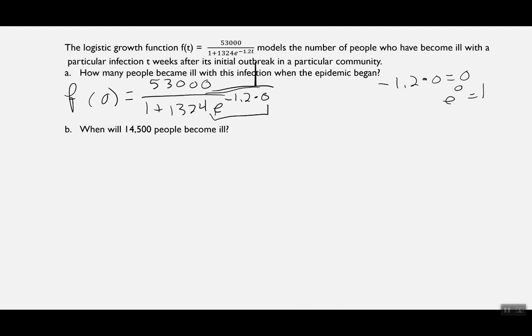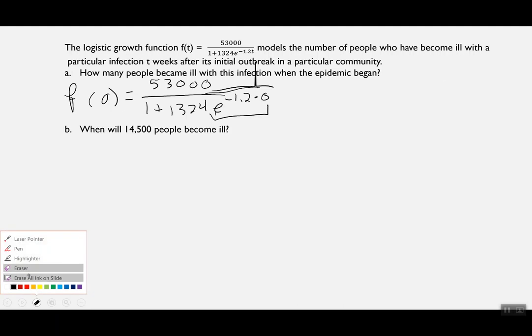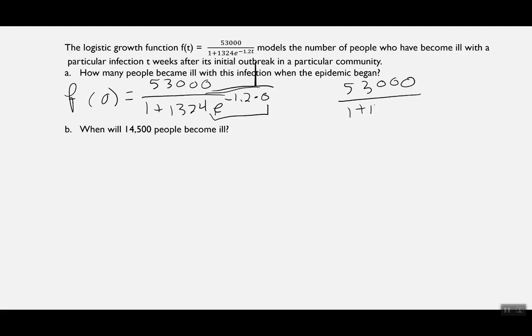What I can put in my calculator is something much smaller, which of course I always like, if I don't have to put as much stuff into my calculator. I only need to put in the numerator, I'll switch back to my pen, 53,000 over 1 plus 1324, which is really 53,000 over 1325.